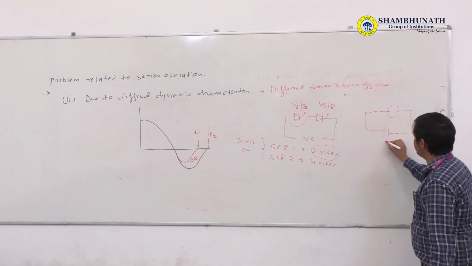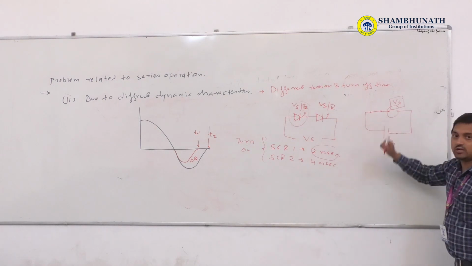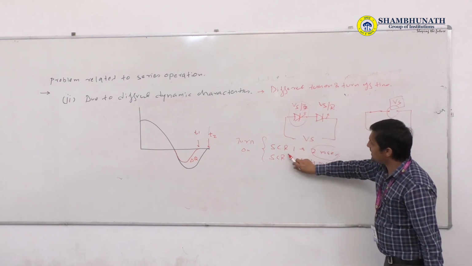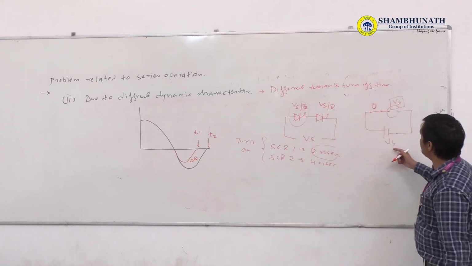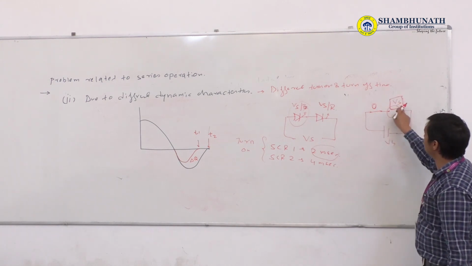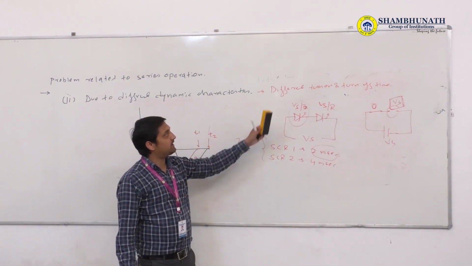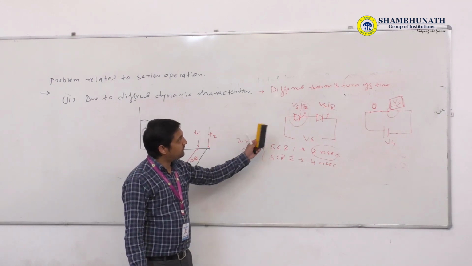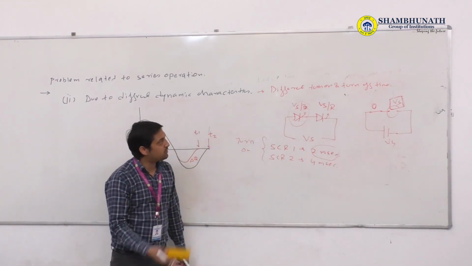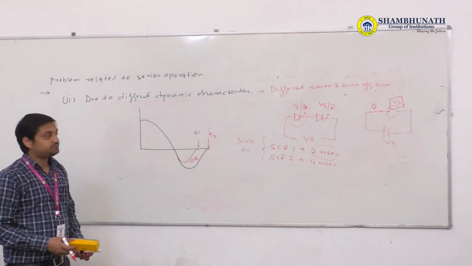So the whole supply voltage appears across SCR2. This shows the unequal distribution of voltage, because the voltage across SCR1 is 0, while the voltage across SCR2 is the total supply voltage Vs, due to the different turn on time.